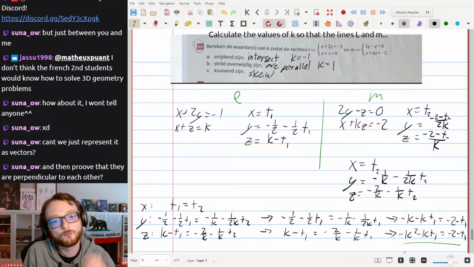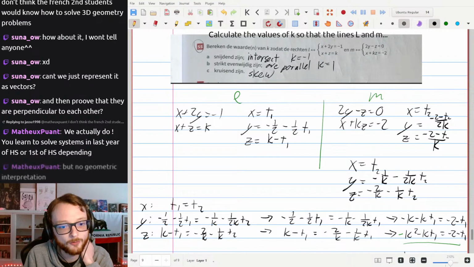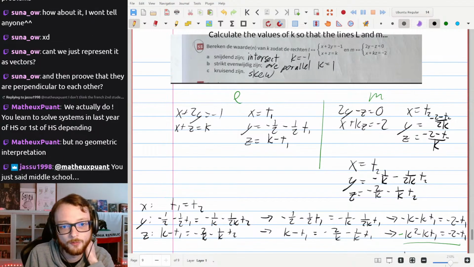Represented as vectors, prove they are perpendicular. We can definitely represent these as vectors. We don't actually need to show, they're not asking us to show perpendicular for any of this. I'd be interested to see the linear algebra way for this in general.